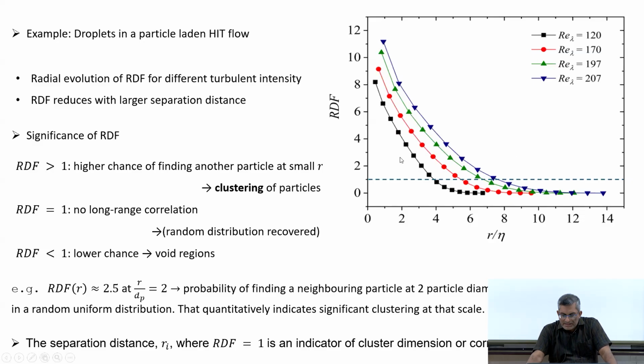And here in this example you see how the cluster length scale changes as you increase turbulence intensity, or the Taylor scale Reynolds number. You see that the cluster scale is larger as you increase the turbulence Reynolds number.